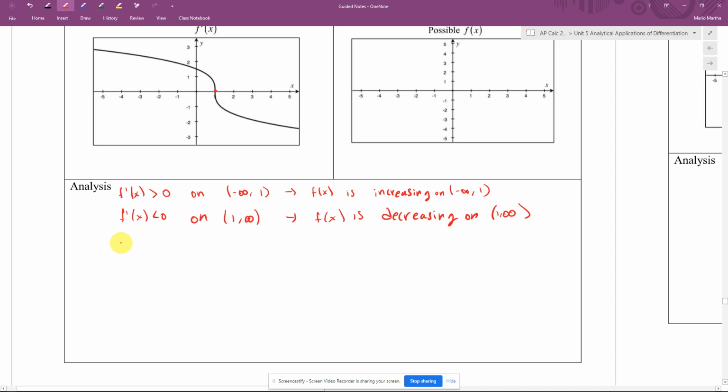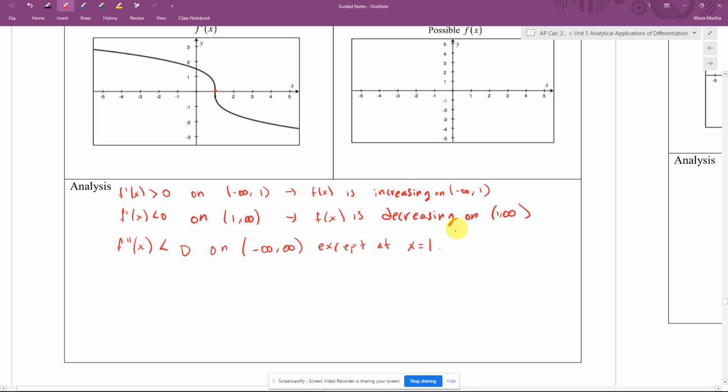And then f double prime of x is less than 0. It's decreasing on, here we're looking at when it hits 1 again. So from positive, or no, it's actually always negative, so it's always negative on negative infinity to positive infinity, with the exception of x equals 1, because it seems to be undefined right there.